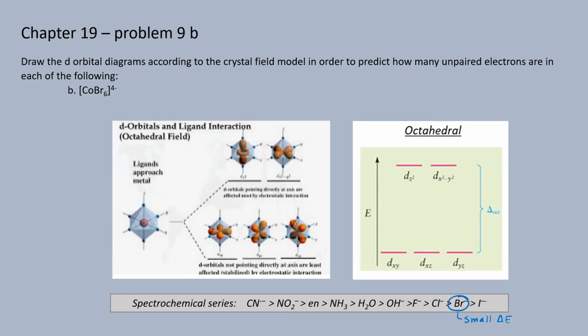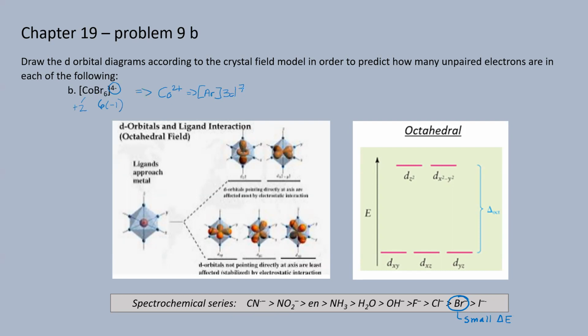Now bromide is -1. So we have 6 -1s and a net charge of -4. So the cobalt has to be +2. Cobalt +2 has an electron configuration of argon 3d7.